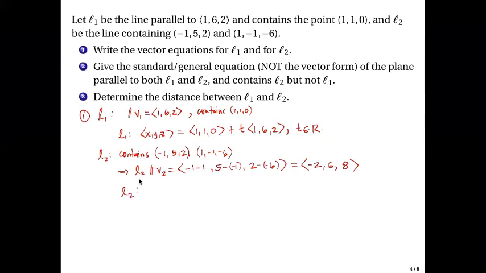So L2 has vector equation given by <x, y, z> equal to the vector <-1, 5, 2> plus, let's use the parameter s, times <-2, 6, 8>. Here s is any real number.